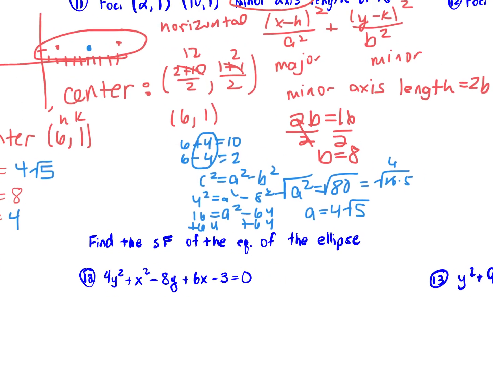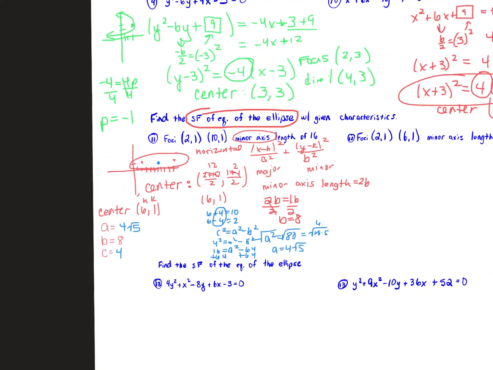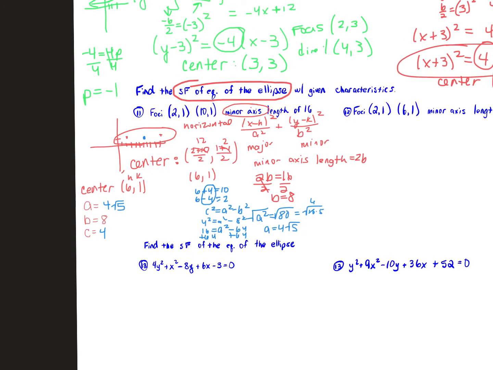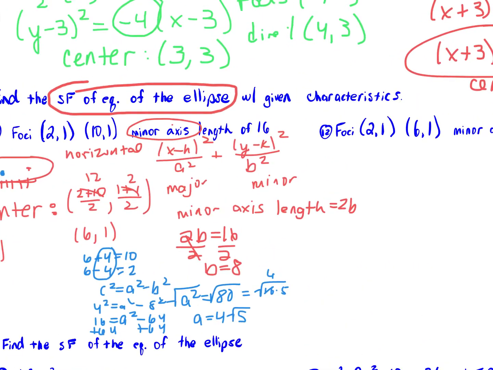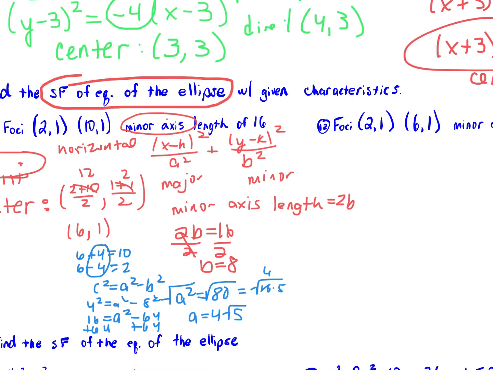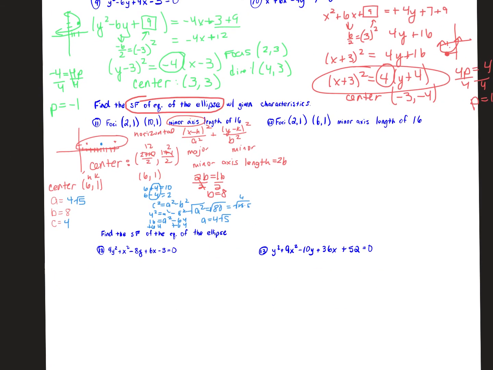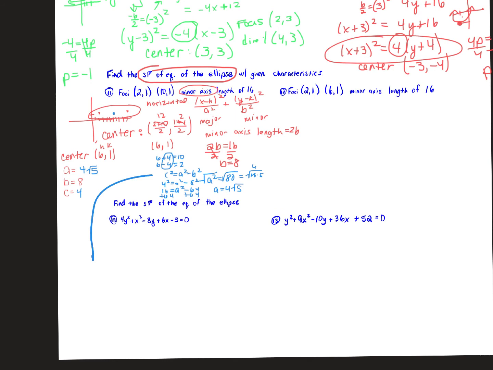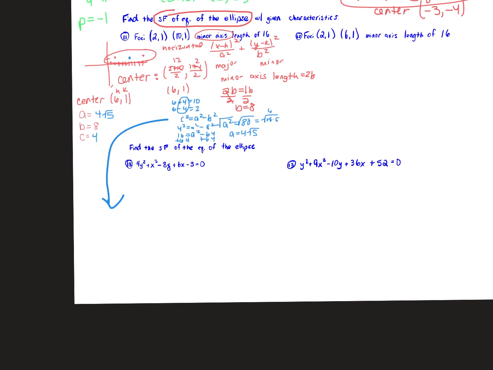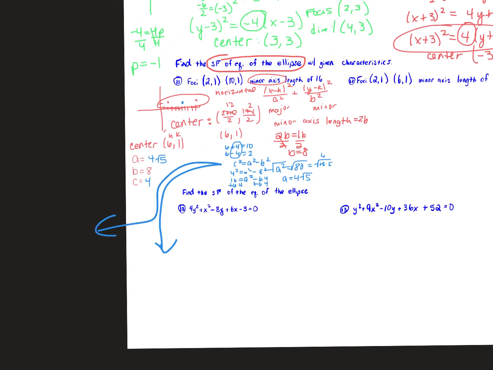So if I needed to write the standard form of my ellipse, I can do that because I have all the stuff I need now. I have my H term, I have my K term, I have my A term, and I have my B term. I'm going to write it over here so you guys can see it.